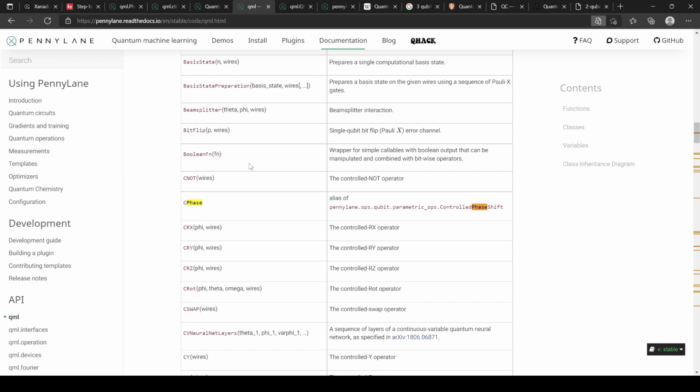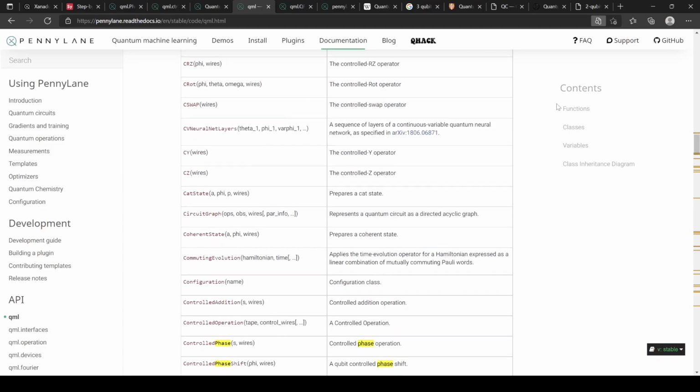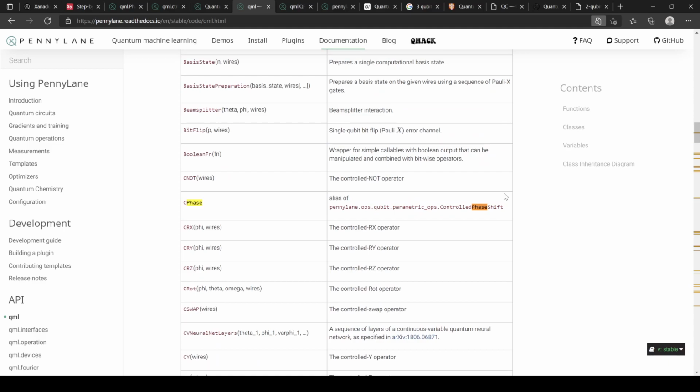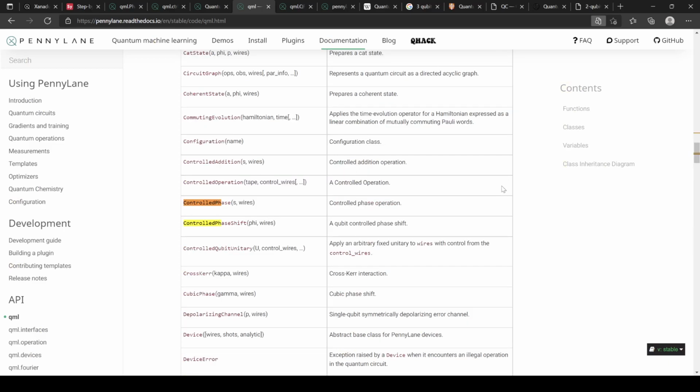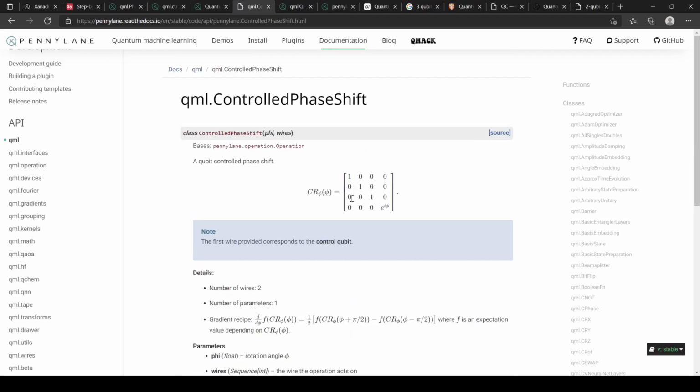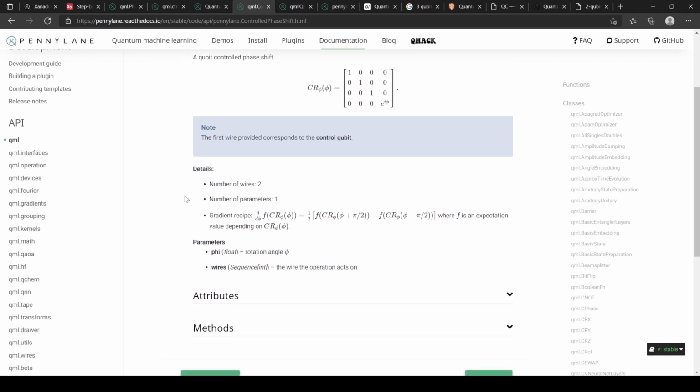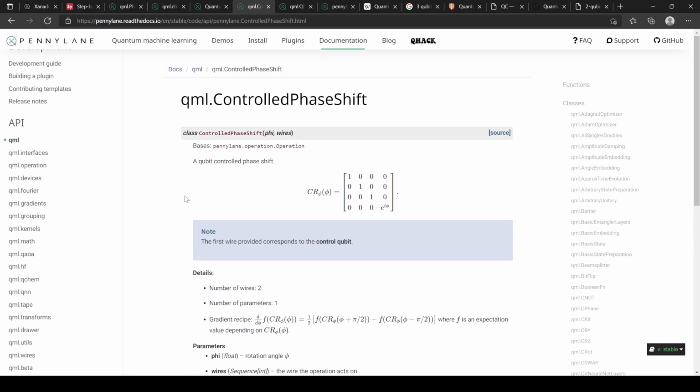Okay, check. Control phase shift. Okay, so I'm going to do control phase shift, wires equals 0. Let's try this out.